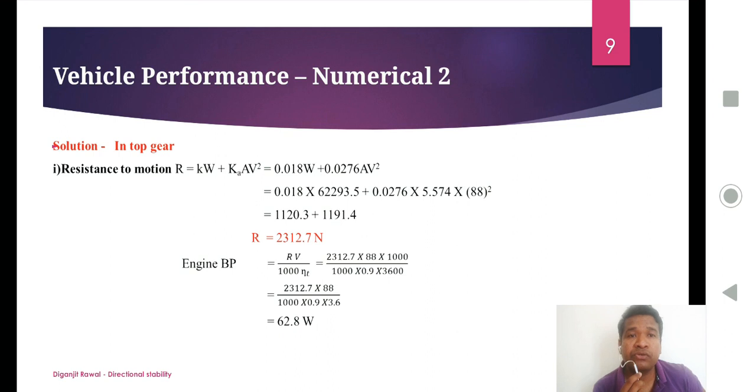So putting all the values, it is 0.018 into 62,293.5 plus 0.0276 into 5.574 into 88 square. So this V is in kilometer per hour. Then calculating this, we get the value as 1120.3 plus 1191.4, then R becomes 2312.7 Newton.